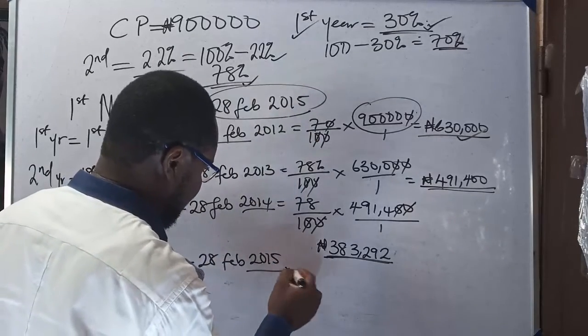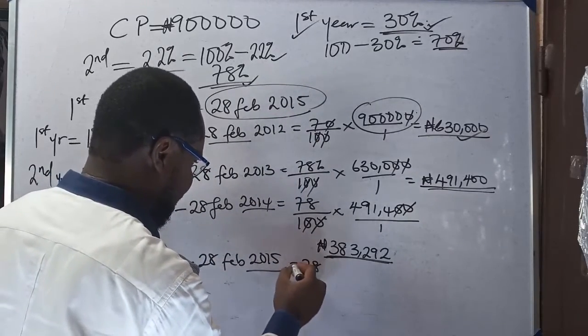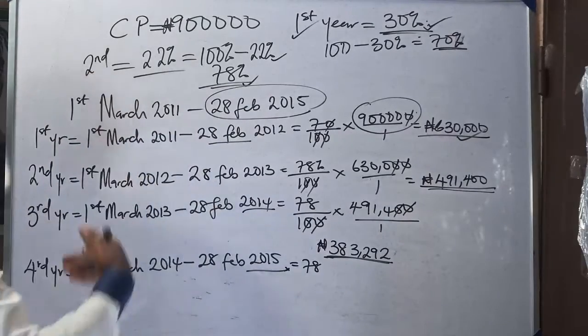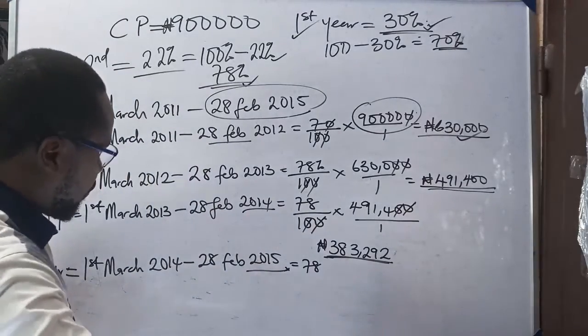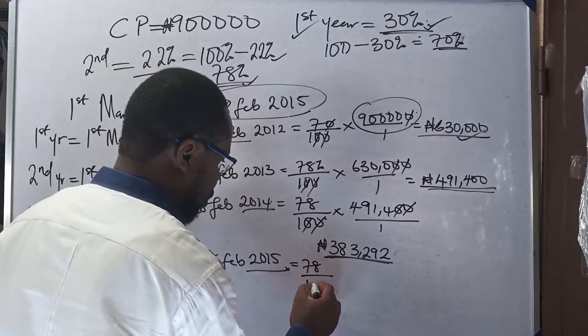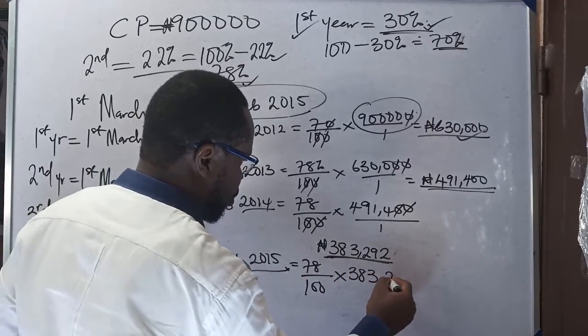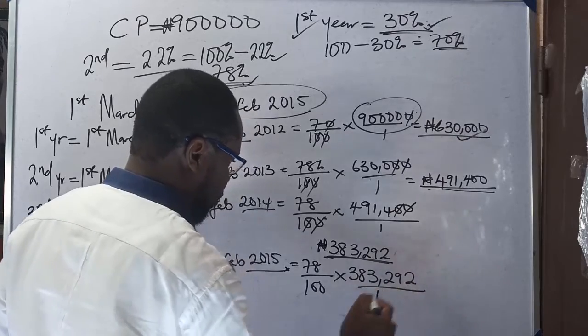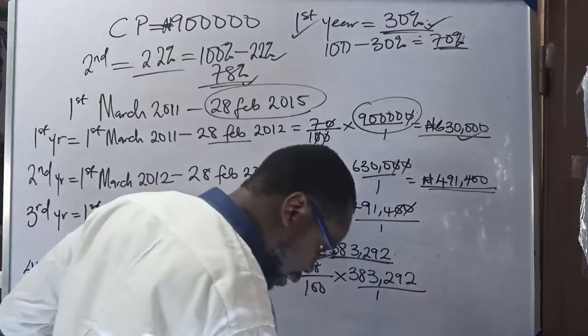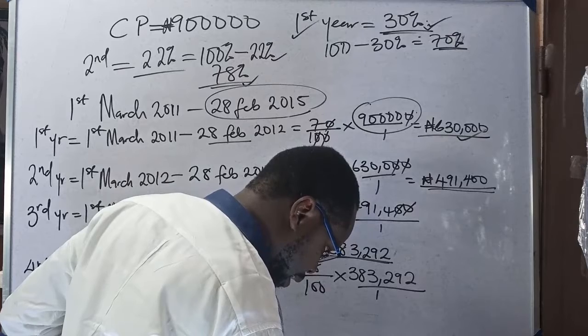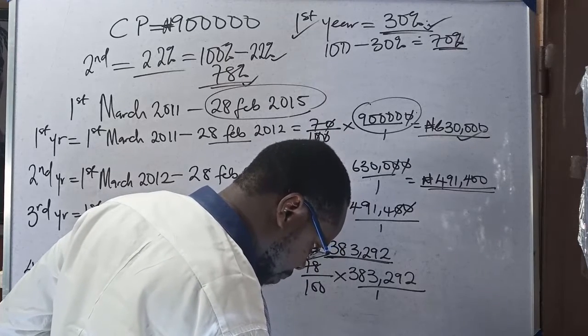So we're working with this now. So I'm having 78 again because it says subsequently, meaning from 2nd to 3rd to 4th to 5th, all over 100 times 383,292 all over 1. So I can say times 78, then I divide by 100.